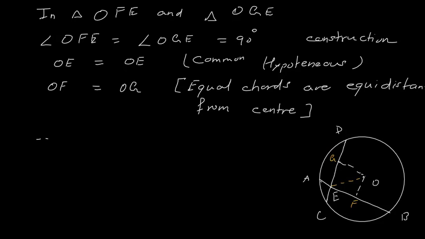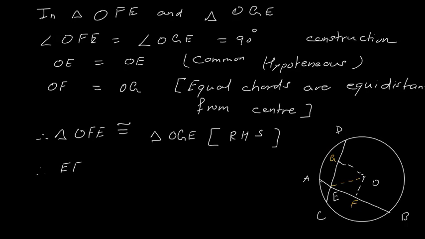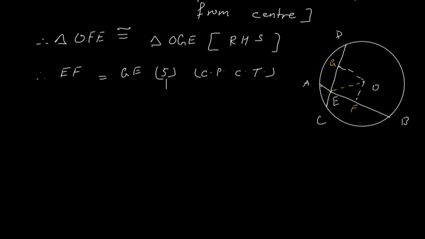So therefore triangle OFE is congruent to triangle OGE. Which criterion? This is RHS. It is a right angle triangle, the hypotenuse is the same and one pair of sides is also the same. So by RHS these two triangles are congruent. Therefore their corresponding sides, that is EF, is going to be equal to GE, by corresponding parts of congruent triangles. Let us consider this as equation number 5. Now subtract equation 5 from equation 4.